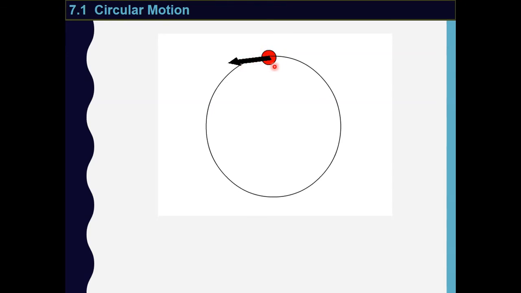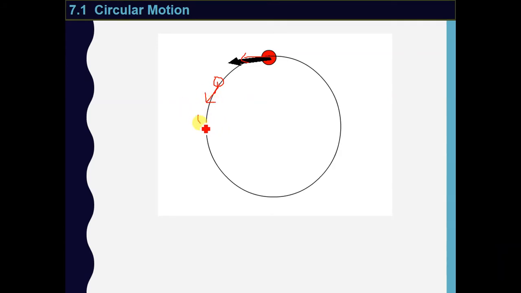If we want to draw the direction of this velocity, how do we draw it? We draw it like this, because at this position exactly, it was moving in this way. But when the ball reaches this place, at this position how was the ball moving? It was moving like this.